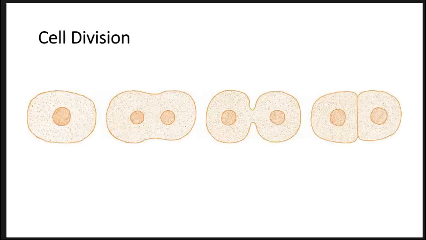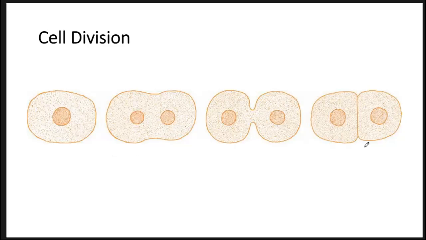This is a diagram, a graphical representation, of an animal cell about to divide. We can observe here the nucleus, the denser part, and the cell membrane and the cytoplasm. In this diagram, the nucleus divides first, and then the cytoplasm divides, such as the daughter nuclei separate and the cytoplasm pinches off between the nuclei.